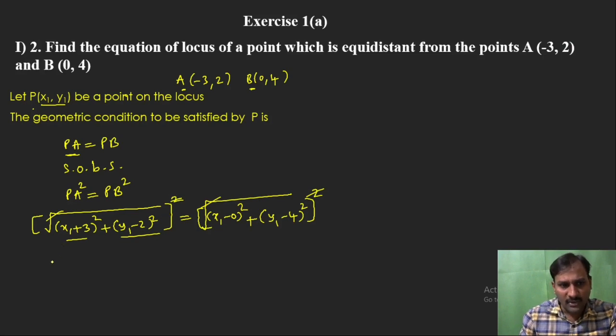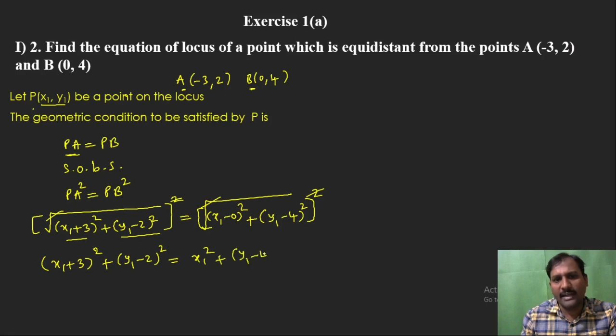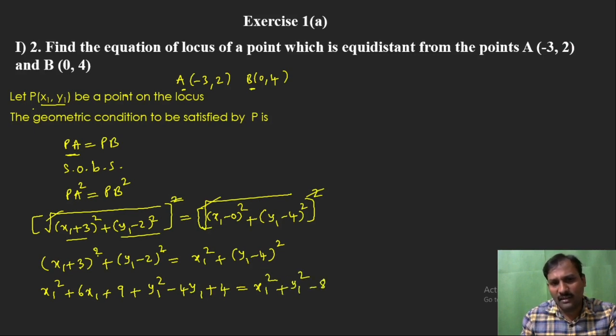Okay. So now (x1 + 3) whole square plus (y1 - 2) whole square is equal to x1 square plus (y1 - 4) whole square. Simplify this: x1 square plus 2ab, 2 into 3, 6 into x1, 6x1, plus 3 square is 9, plus y1 square minus 2 into 2 into y1, that is 4y1, plus 2 square is 4, is equal to x1 square plus y1 square minus 8y1 plus 4 square is 16.